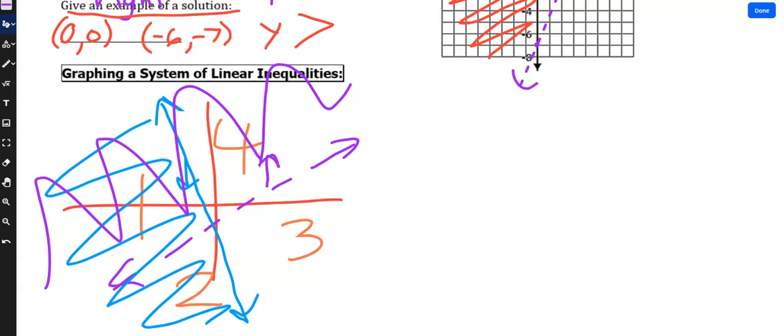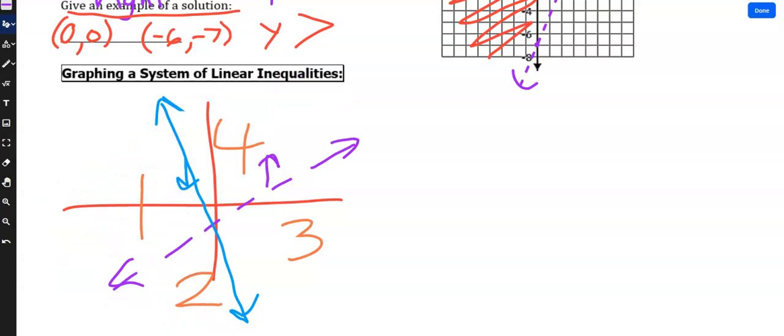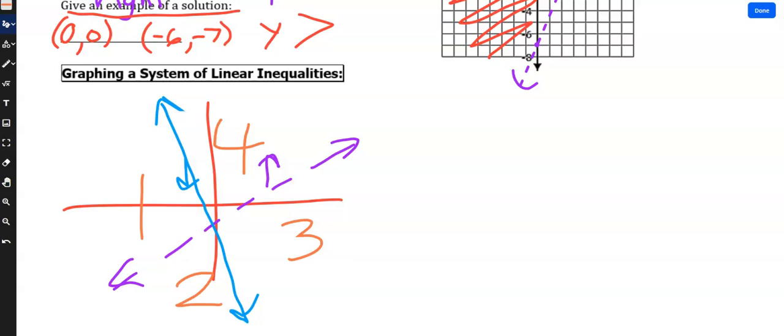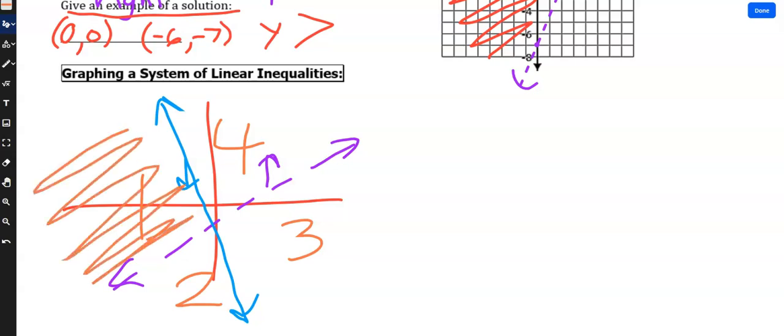The key thing is we want to figure out of 1, 2, 3, and 4, which one is where they both overlap. And so the key is just finding that one right there, and I just want to shade that one. So in my example, number 1. So that's the kind of thing we want to do. We want to find the overlapping region where all the solutions are.